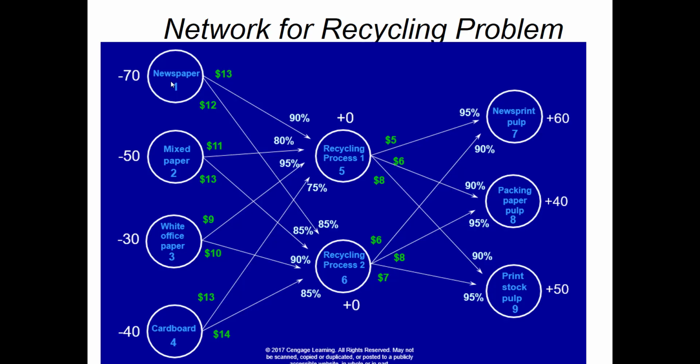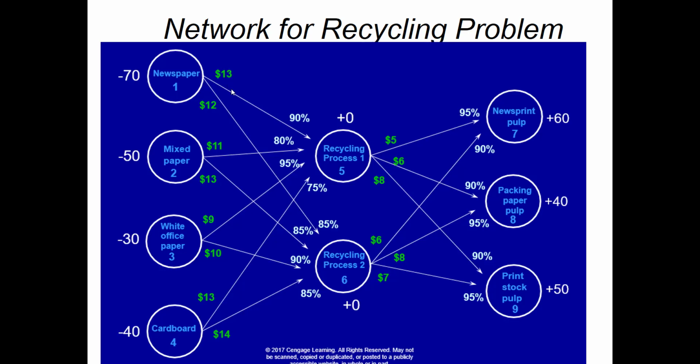For example, if they process 100 tons, they are going to get 90 tons of the recycled newspaper material. Similarly, they have another process where, if they process newspaper, they get 85% of the material they have processed, and each of these processes has a different cost.